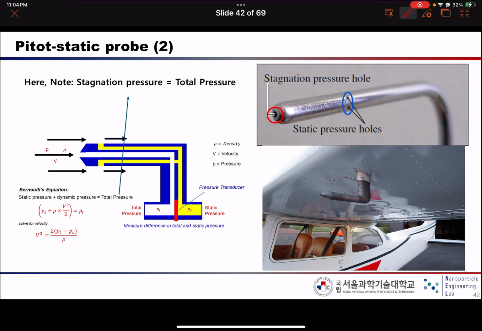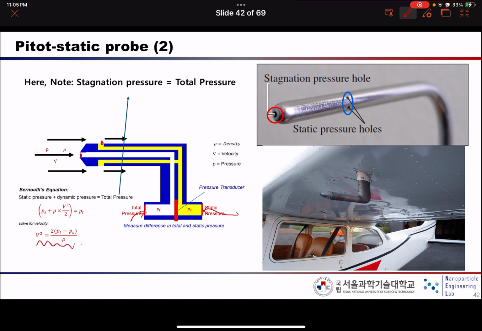Inside the pitot-static probe, here is the stagnation point and here is the static pressure. Here we can measure the static pressure, and here we can measure the stagnation pressure, so we can determine the velocity.